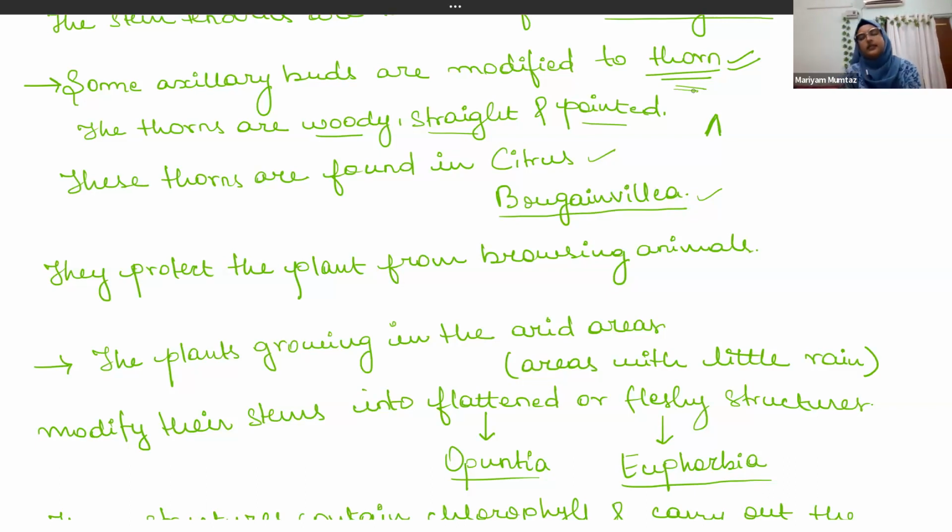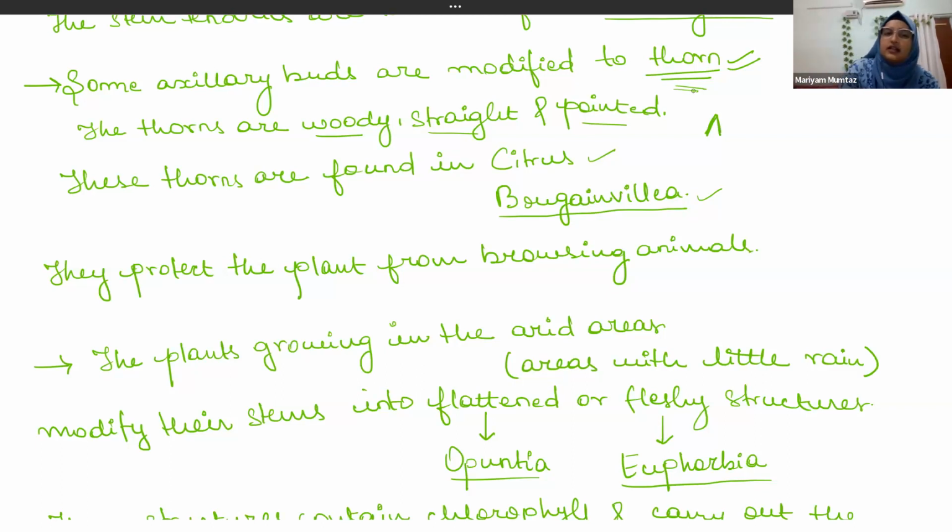Axillary bud. Now when the animal came to eat that particular plant, the thorns poked its mouth. If you try to eat a thorn, it will hurt you. So from the next time, that animal won't come to eat that plant. So it is a defense mechanism, a protection for the plant.